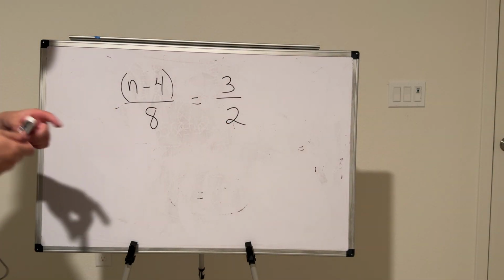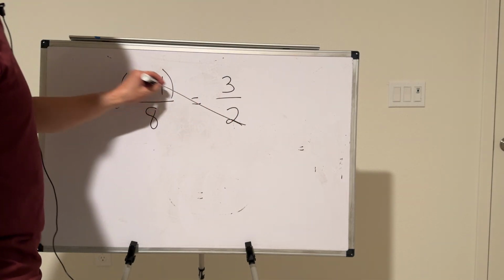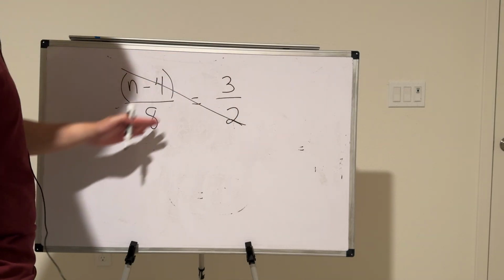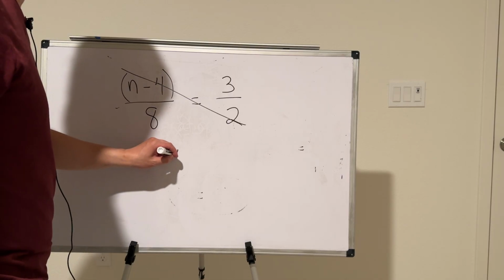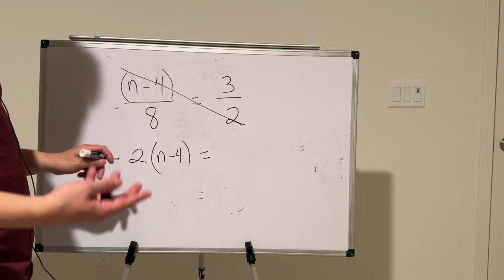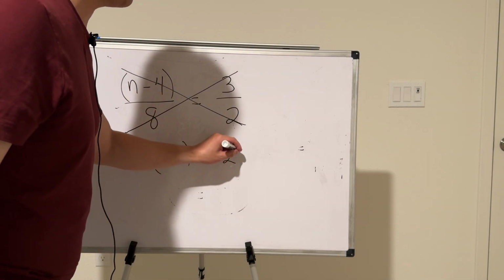Now I'm going to take my 2 and I'm going to multiply it across this way. We're going to cross multiply. So this 2 is going to be multiplied by n minus 4. And the other side is 8 times 3, which is 24.